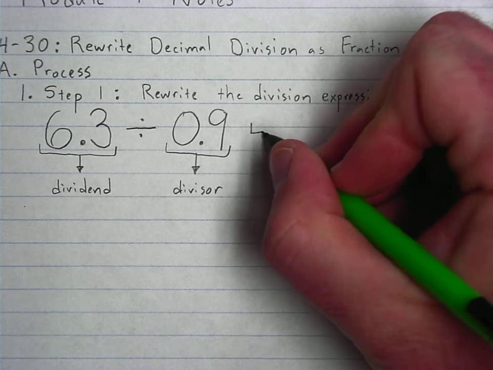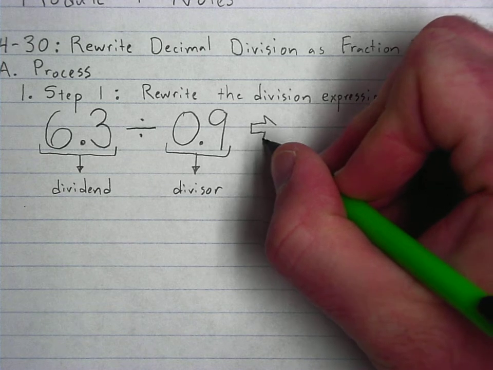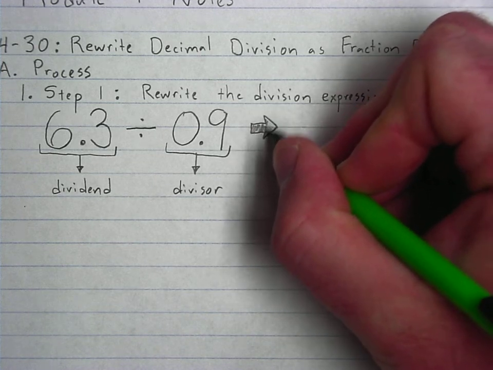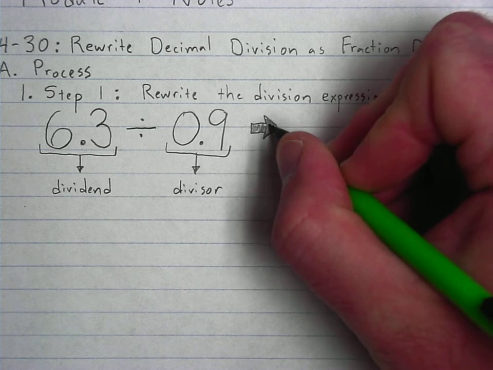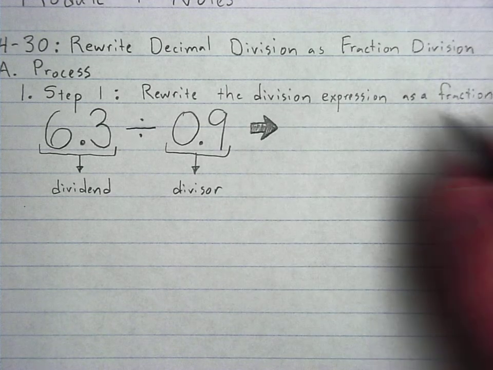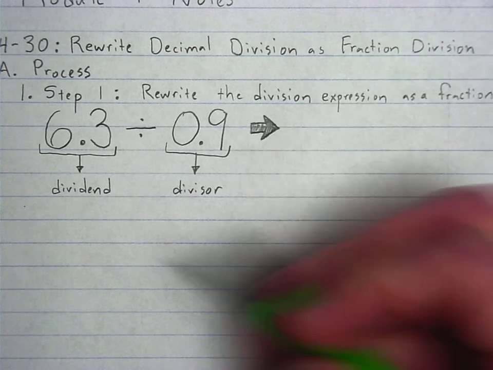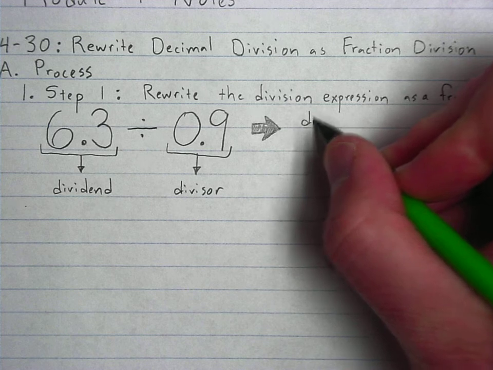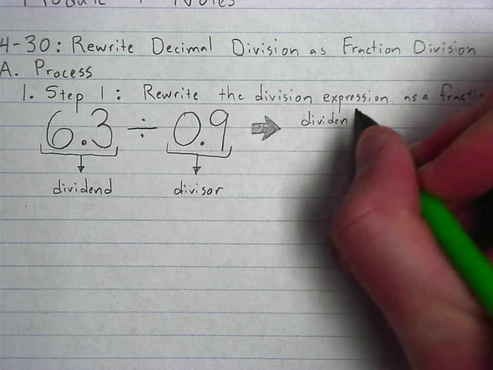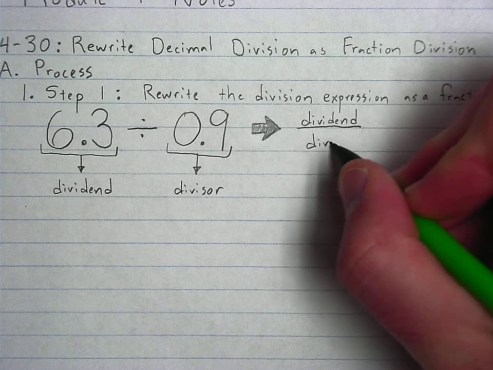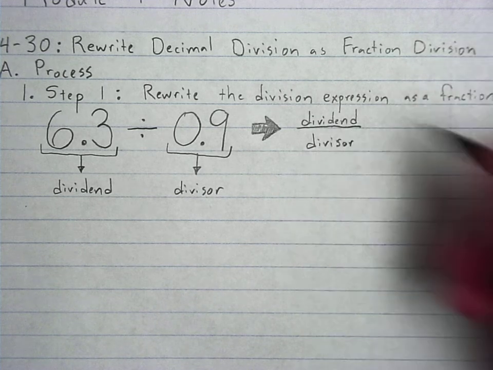Okay? Now, we are going to take these and we are going to turn them into a fraction, which, if you remember, I've told you before, the top is always the first number, the bottom is always the second number. So this on top, this on the bottom. More accurately, more mathematically, dividend goes on top, divisor goes on the bottom.